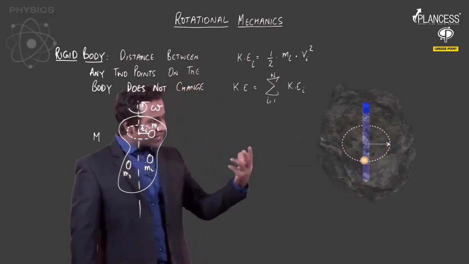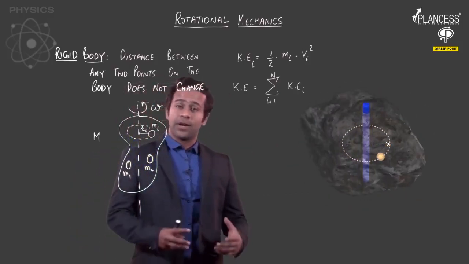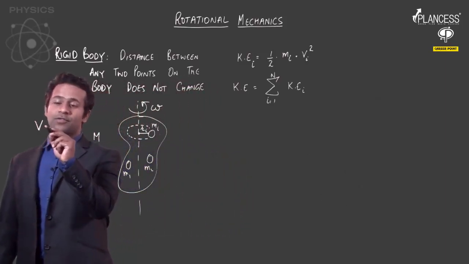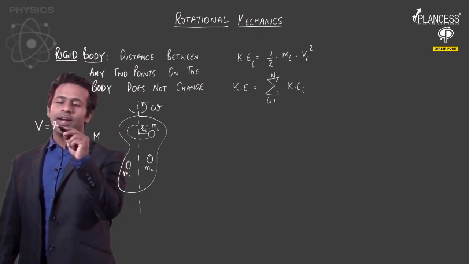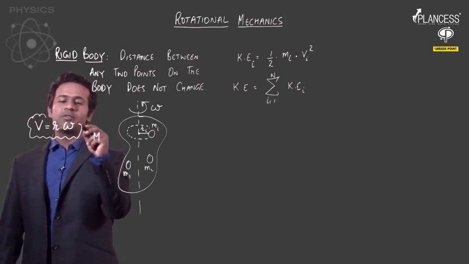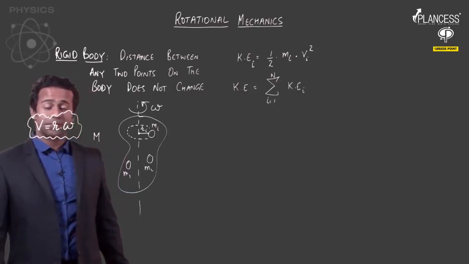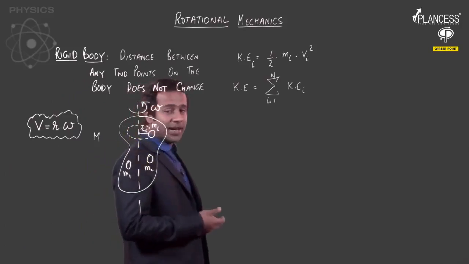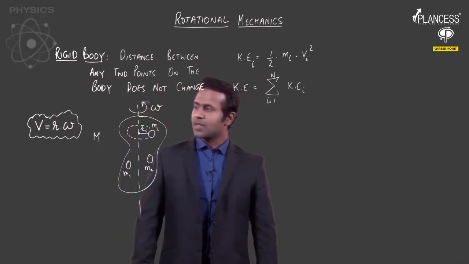So now, since a circle is being formed, recall that we know that linear speed in case of circular motion is equal to radius times the angular speed, right? We have read this before in circular motion. V is the tangential speed, omega is the angular speed, and r is the radius, right?